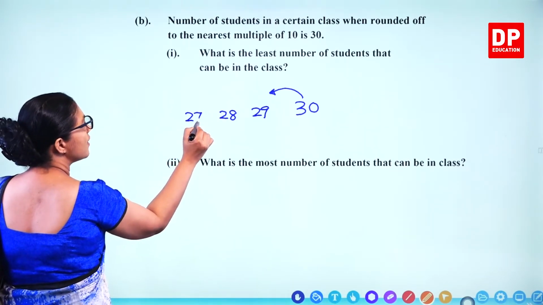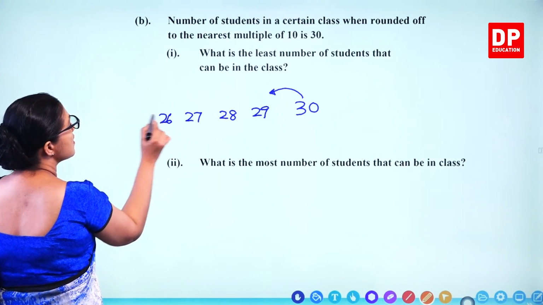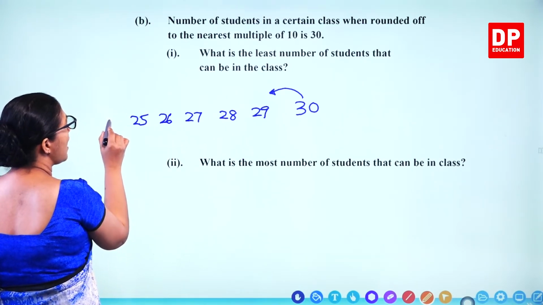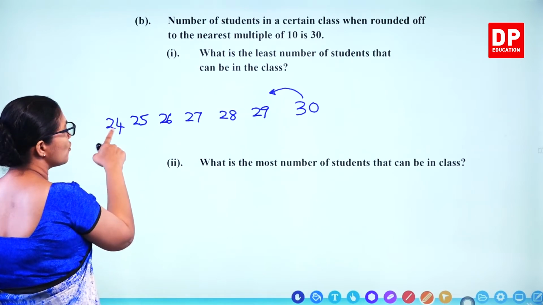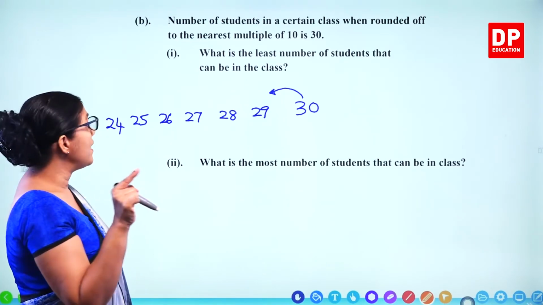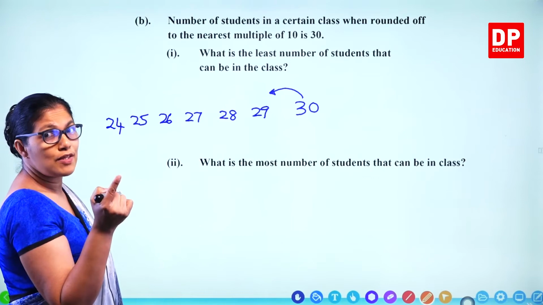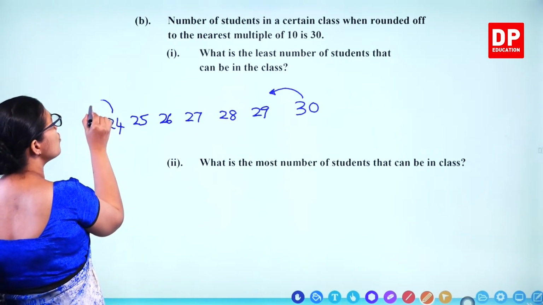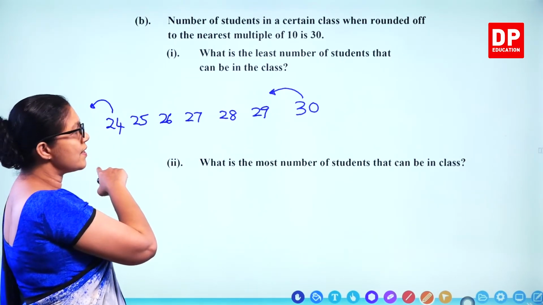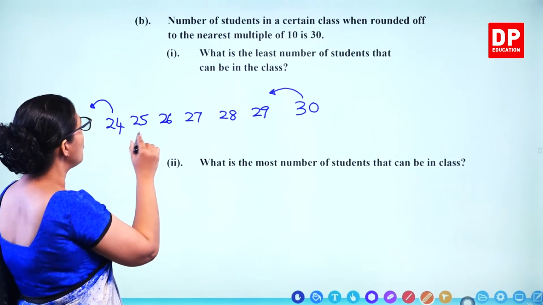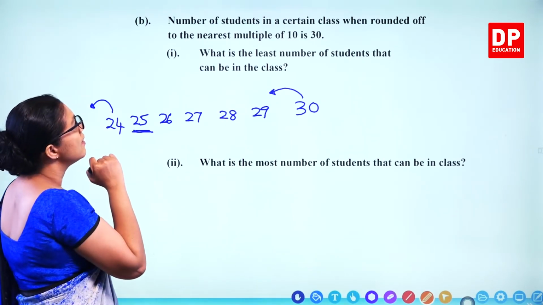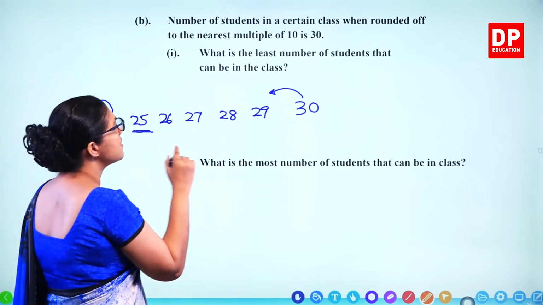So 27, 26, 25 is also okay. Can we take 24? The 4 is less than 5, which means we are not adding, so that's rounded to the previous number, 20. So what is the lowest number? The least number is 25.